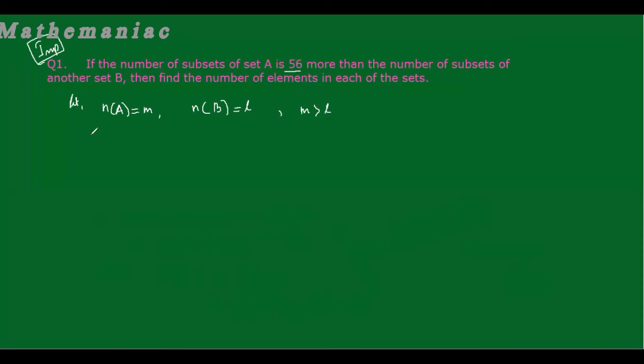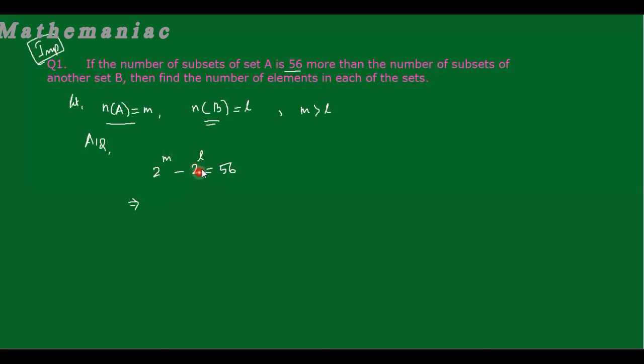Now, according to the question, how many subsets are there for A? It will be 2 to the power M. How many subsets for B? 2 to the power L. And what is the difference? 56. Fine. Now, if you can solve this particular equation, then you are done. Out of M and L, M is bigger. So I can take the lesser power common.